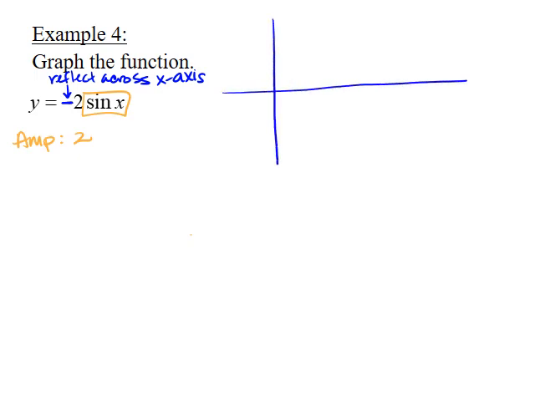So let's take a look at this. If I were to sketch this, again, we will graph one period, which is between 0 and 2 pi. Half of 2 pi is pi. Half of pi is pi over 2. 1 pi over 2, 2 pi over 2, 3 pi over 2, 4 pi over 2.